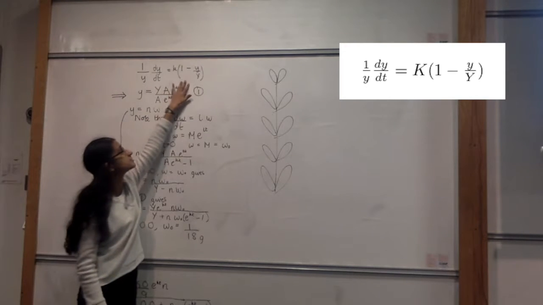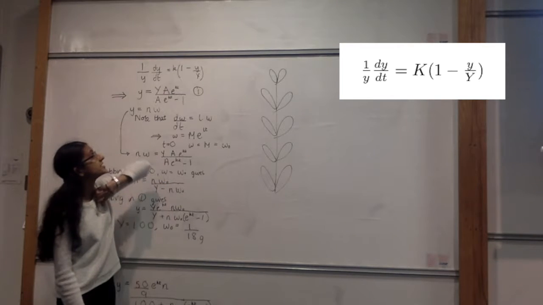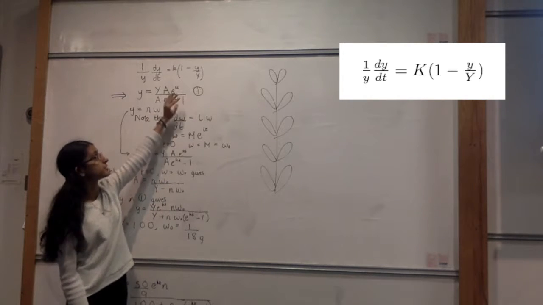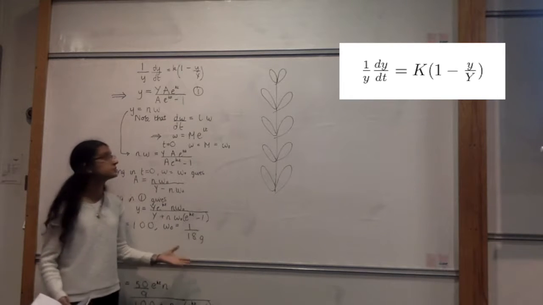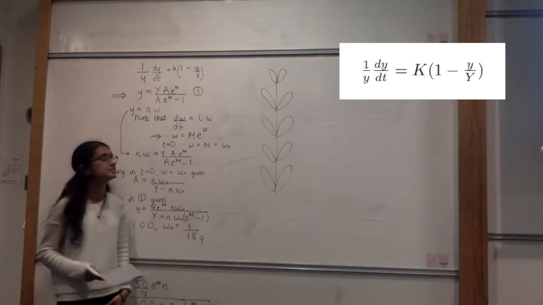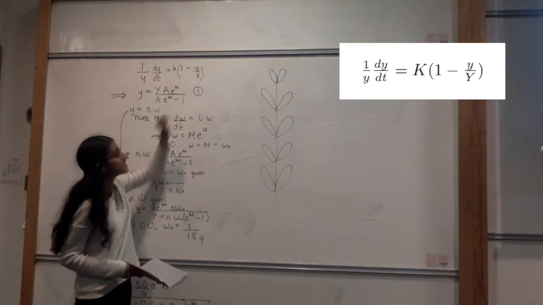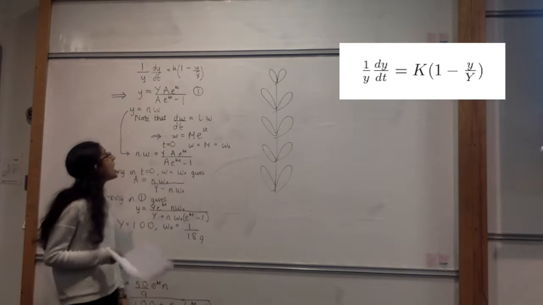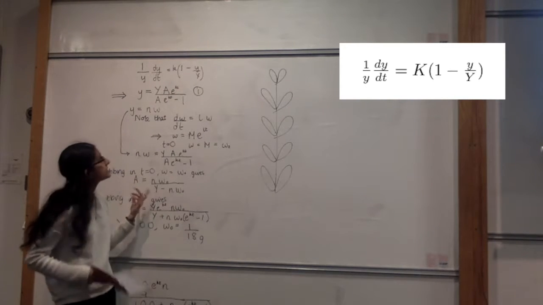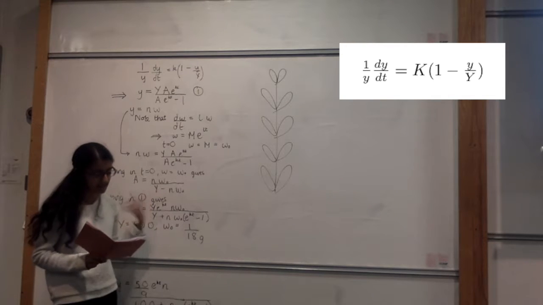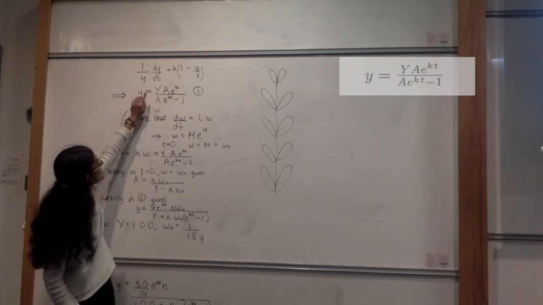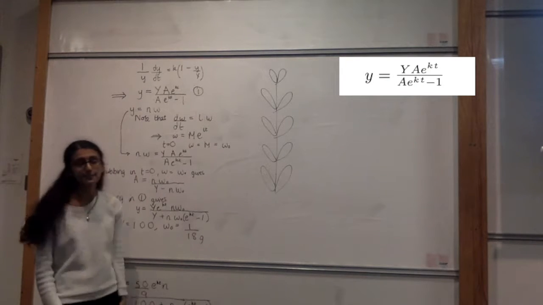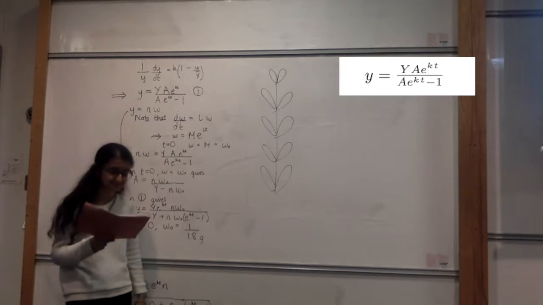This expression works because when little y is small, then the whole expression tends to k, and when little y approaches capital Y, which is our carrying capacity, then this approaches 0. And little y is our yield, t is our time, and k is a growth rate constant. Solving this, we find this equation where capital A is just a constant.